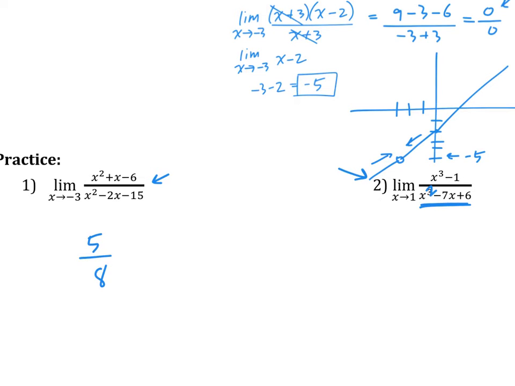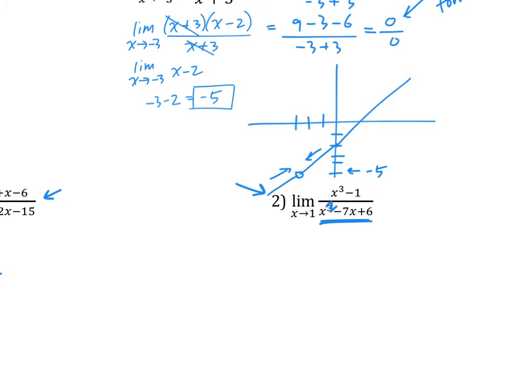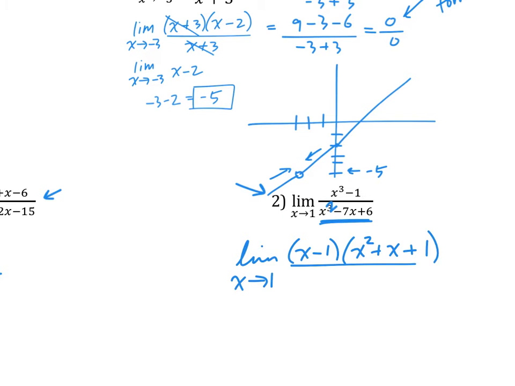Number 2: if you don't remember how to factor difference of cubes, you use the SOAP method. Same, opposite, always positive. So a cubed minus b cubed becomes a minus b times a squared plus ab plus b squared.